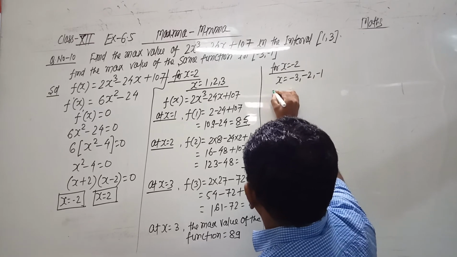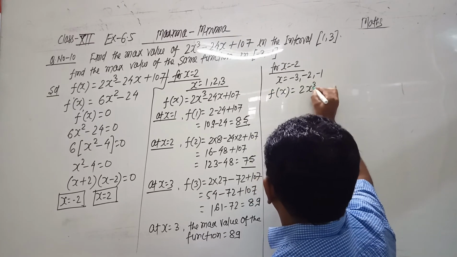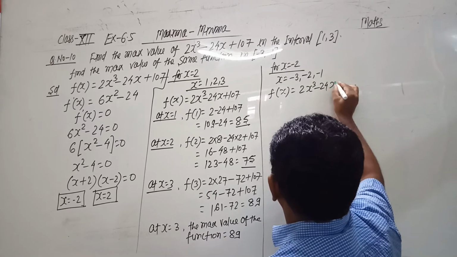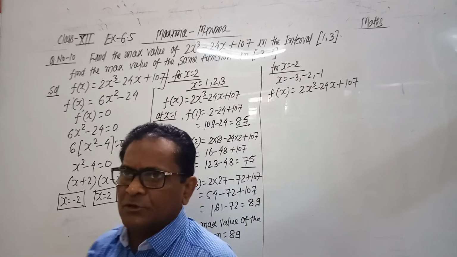So f(x) equals 2x cubed minus 24x plus 107 at x equals minus 3.